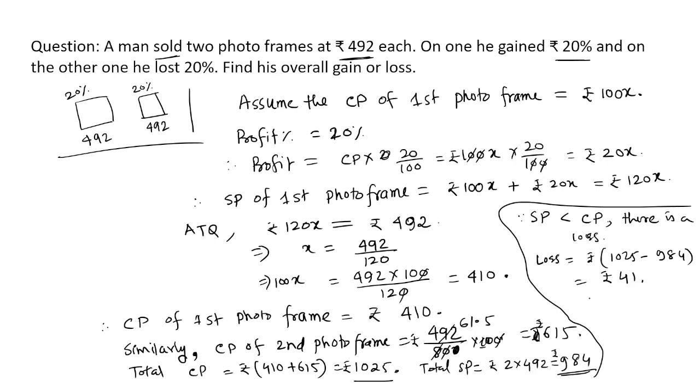So 41 rupees is the loss. This is the overall loss. Clear? So that's how we solve this question.